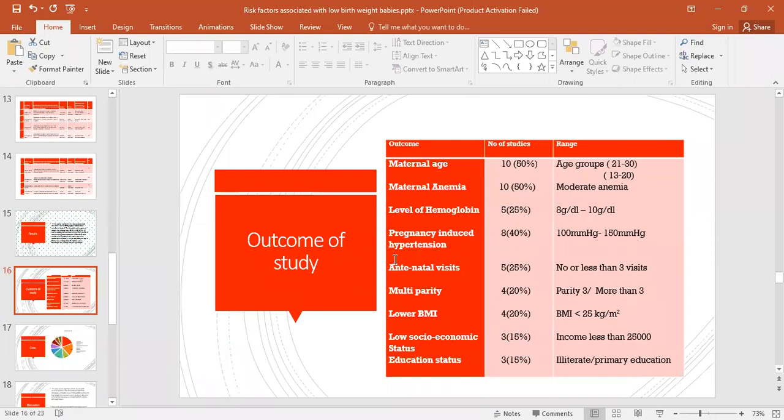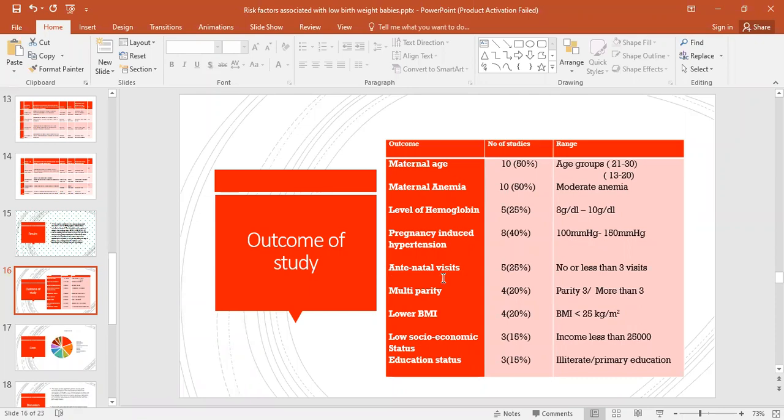Then hypertension, this risk factor, was identified in 8 studies, and the blood pressure range involved with low birth weight babies is systolic 150 and diastolic 100 mmHg.